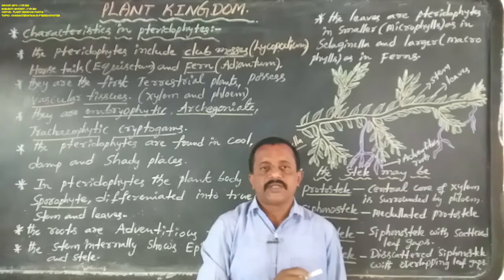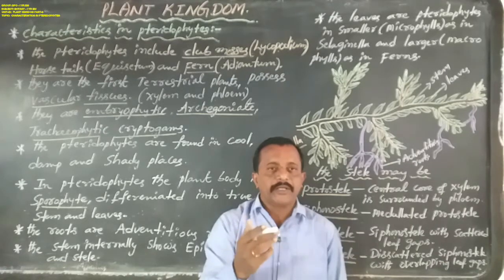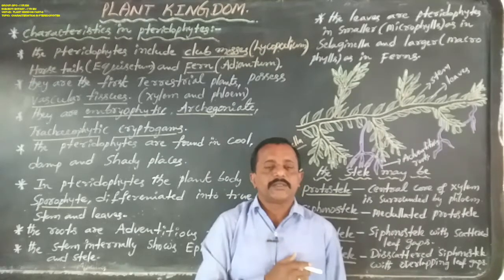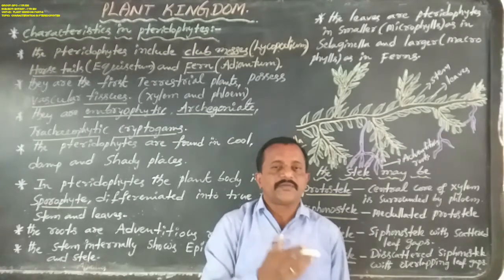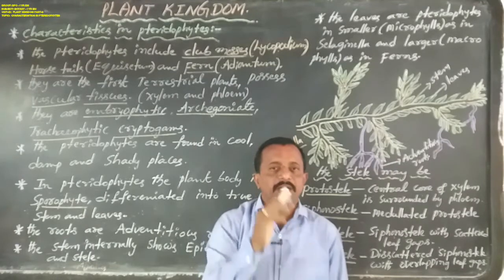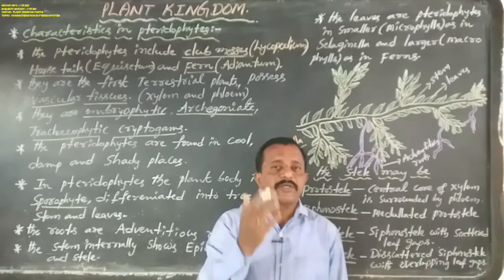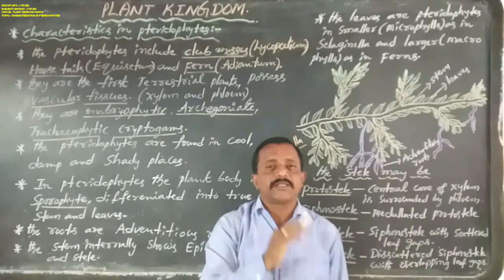In bryophytes the plant body is a gametophyte, because the plant body produces gametes, or sex organs, in the life cycle of the plant. Gametophyte means the plant body is at the gamete stage, or sexual stage, in the whole life cycle of the plant.